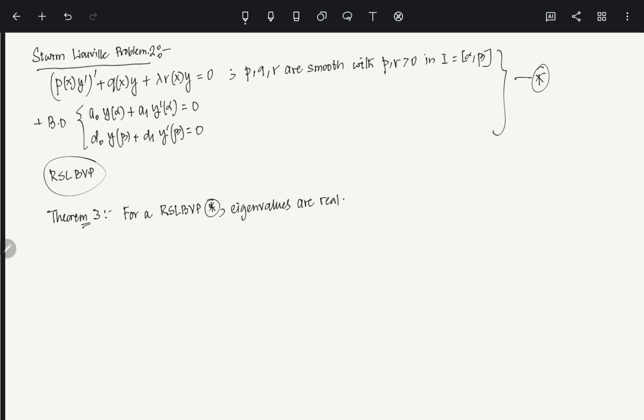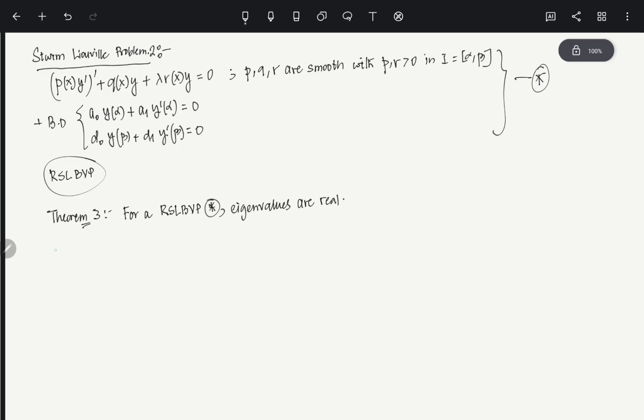Basically what it is saying is this. If you remember, in the last video we talked about one example, and in that example we did not calculate what happens when eigenvalues are complex. Of course we could have, but we did not. We said that they are real, so you don't have to worry about complex, but why are they real? This is the theorem which shows that they are going to be real.